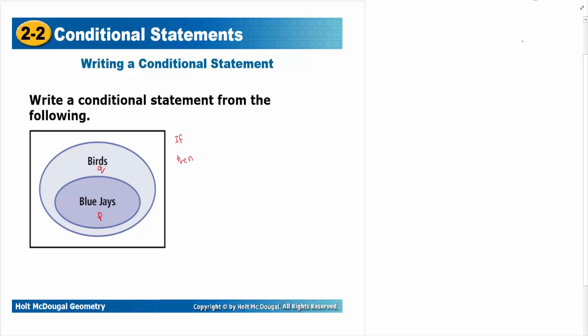You've got to figure out a good way to actually write that. So in this case, we can say, if an animal is a blue jay, then it is a bird.